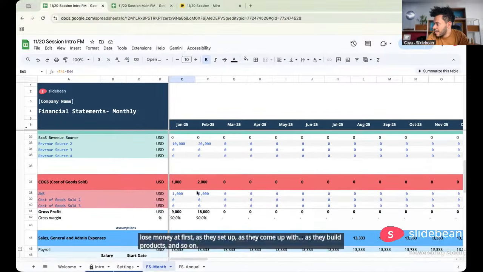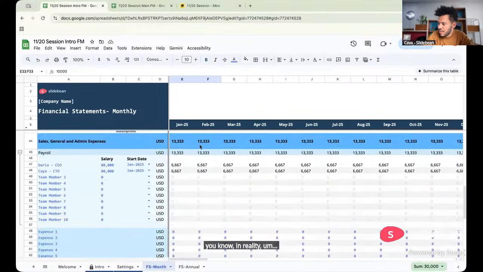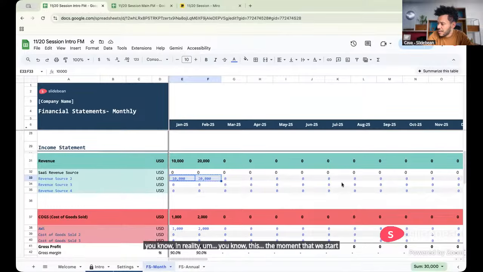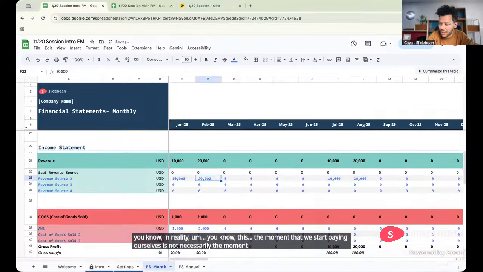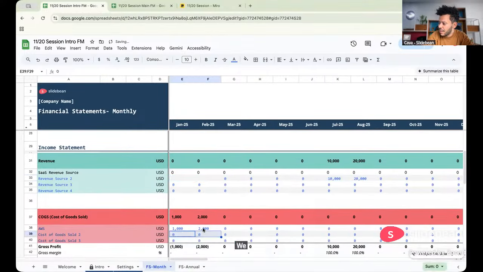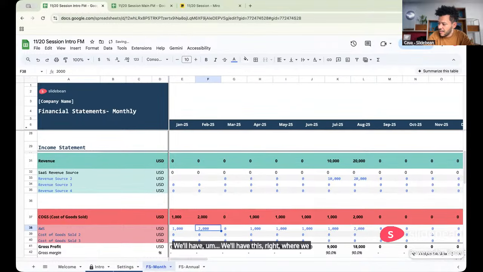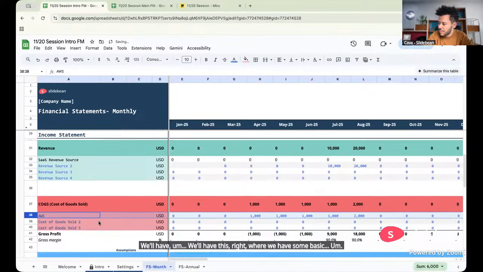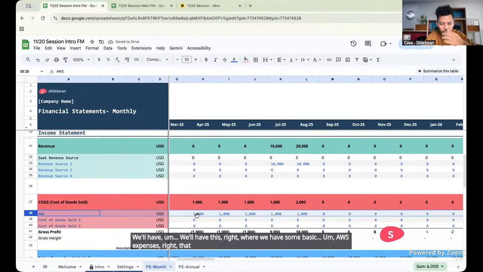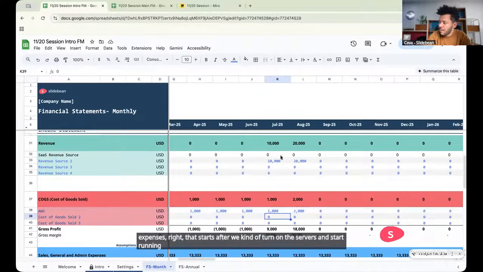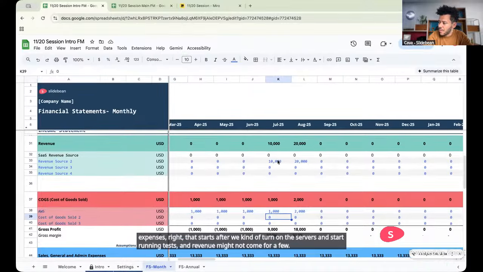In reality, the moment that we start paying ourselves is not necessarily the moment when the company will launch, right? Easily we'll have some basic AWS expenses, right? That starts after we turn on the servers and start running tests, and revenue might not come for a few months until July, right?